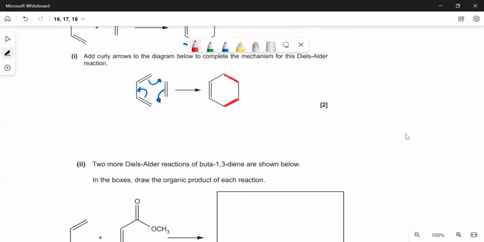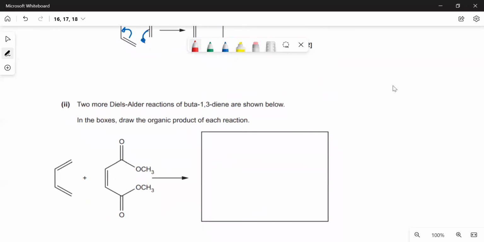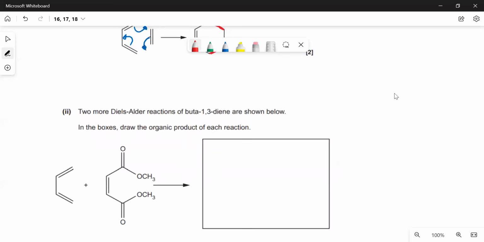Two more of these reactions are shown below. In the boxes, draw the organic product of each reaction. But we're just going to try and copy what happened up there. So that is going to go like that, and it's going to form a new bond there. Going to form a new bond there. This double bond is going to break, but to form a new double bond there.